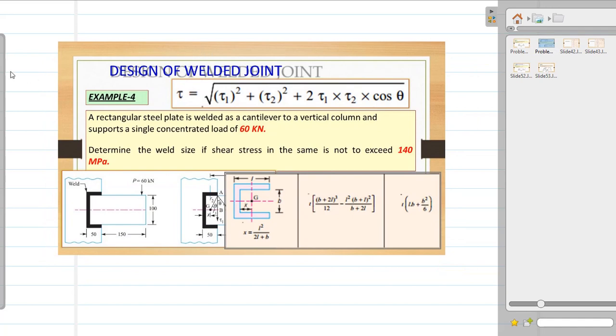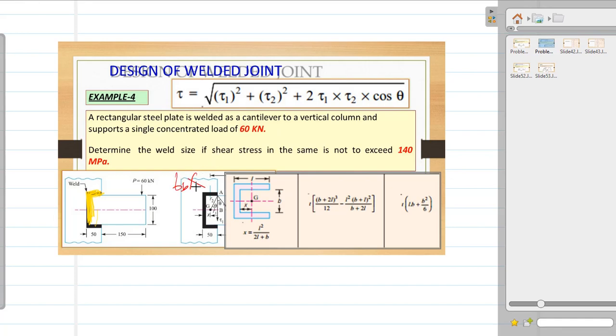In the plate problem which we did in the class, if the same problem comes with a non-symmetric weld like this, the only difference is that in plates there is no bending stress.